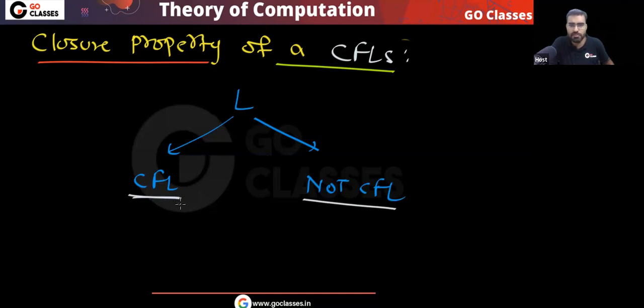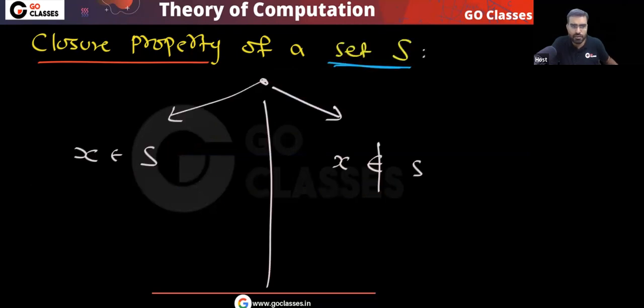No. When you study closure property of CFLs, you only care that a language is either CFL or it is not CFL. Similarly, for a set S, you only focus on whether this element belongs to S or not.